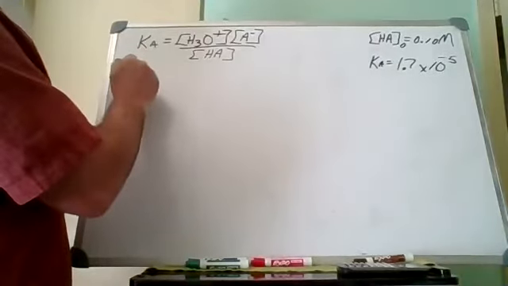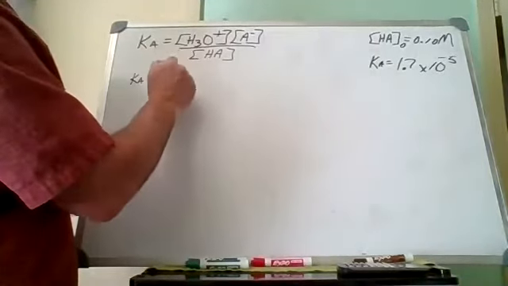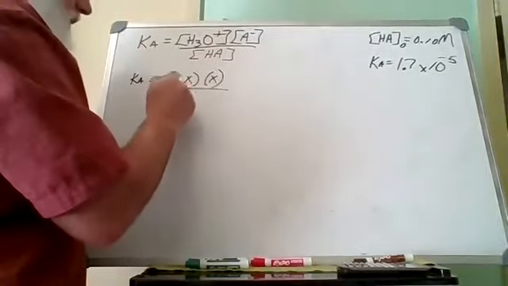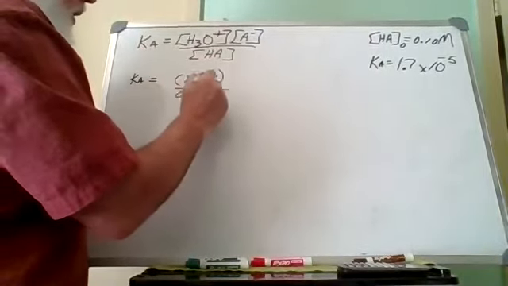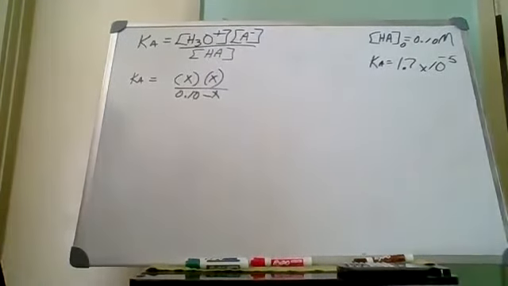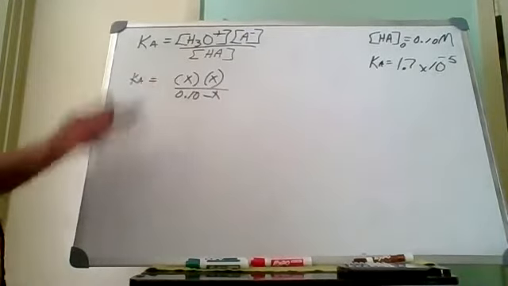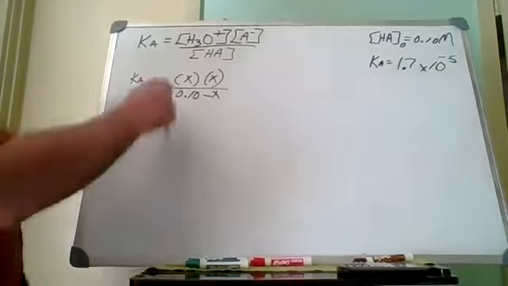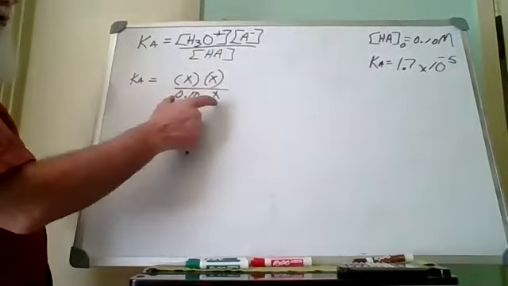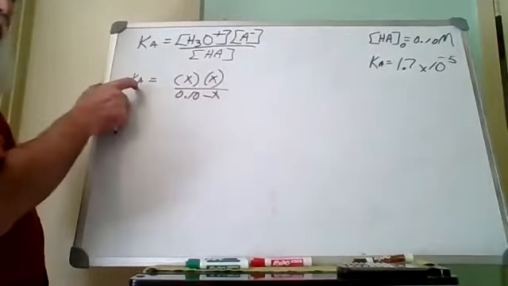Right, so Ka is equal to X times X divided by 0.10 minus X. Okay, now, this is going to be a quadratic equation, X times X squared, and I'm going to have an X term on this side, right? If I bring this over to here, that's going to give me a quadratic equation.